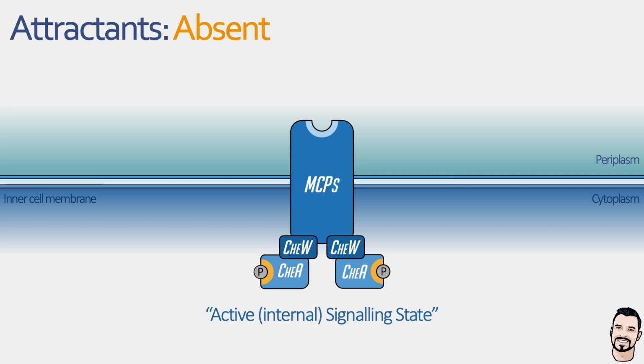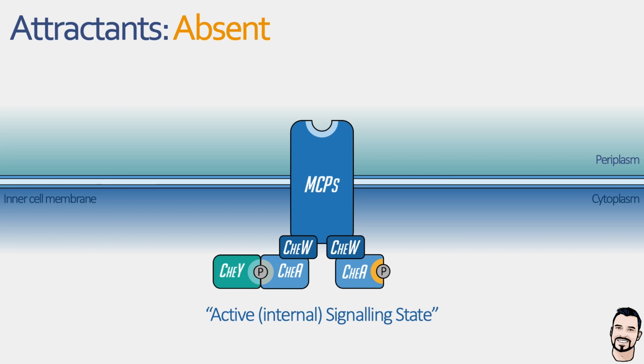Now one of the first response regulators we're going to look at is CheY. Now CheY is found throughout the cytoplasm of the cell, but when in close proximity to an activated CheA protein, it can become phosphorylated, putting it into an activated state.